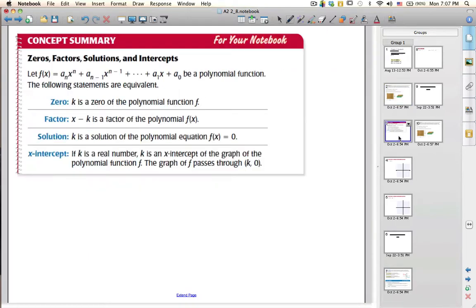But before we do that, we want to go back and make sure we remember that zeros, right? Zeros are x-intercepts. They're also called solutions. And we'll call them a value of k. If I know that a solution k, or (k, 0), exists for my polynomial, then x minus k is a factor.